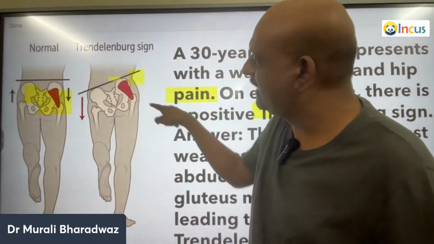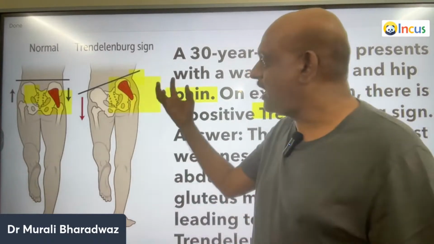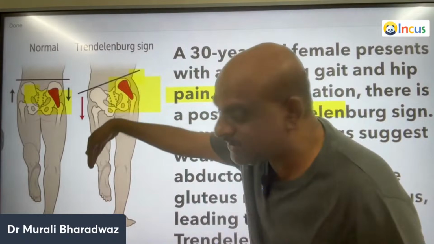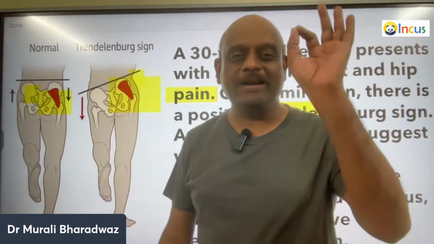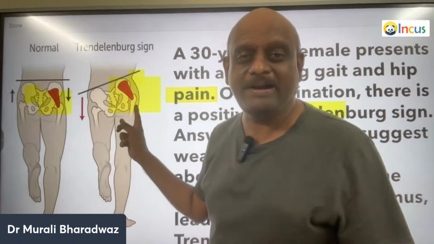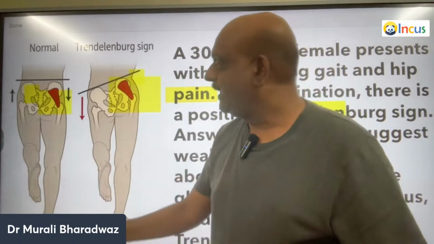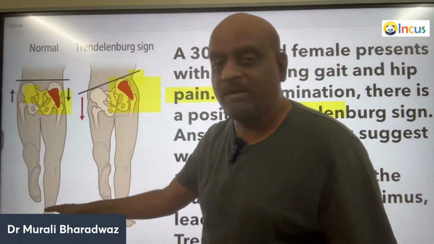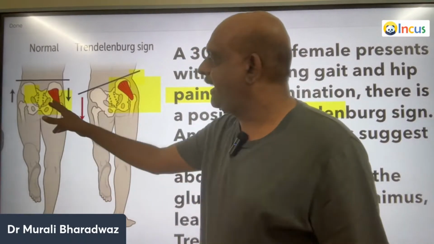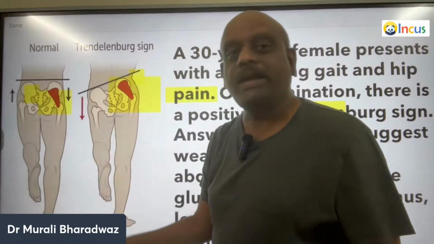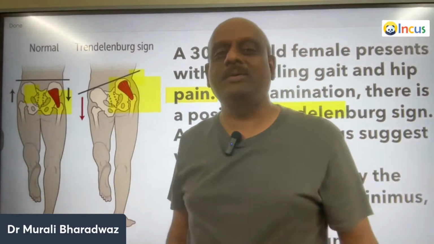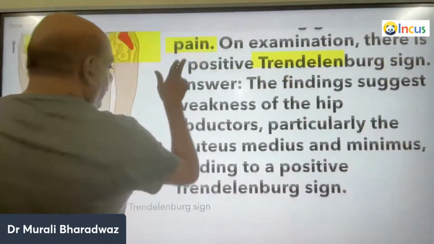But if this is weak, it cannot pull it up when the leg is unsupported. That's the reason it will sink, which is called Trendelenburg positive. If bilateral gluteus medius and minimus are affected, while walking you need to lift one leg every time, and that side will be sinking down and it looks like a waddling duck, is what you need to remember.